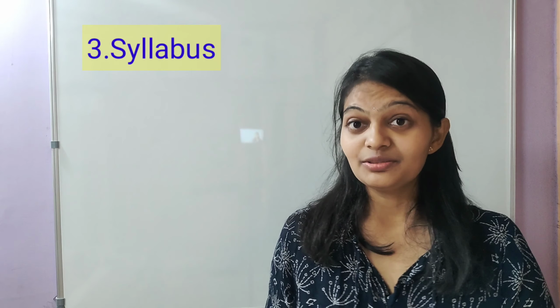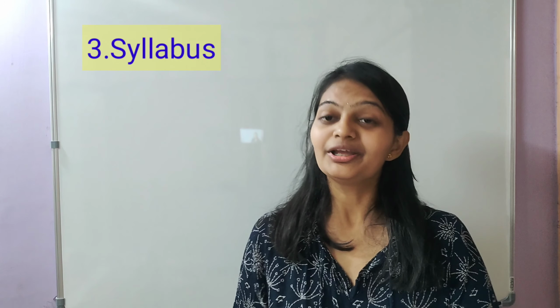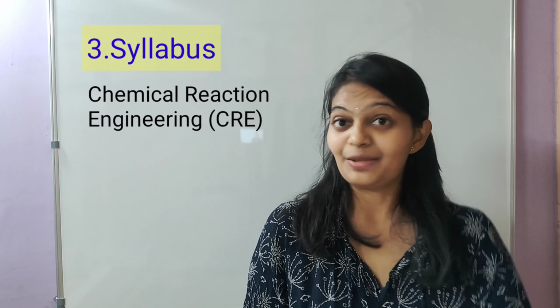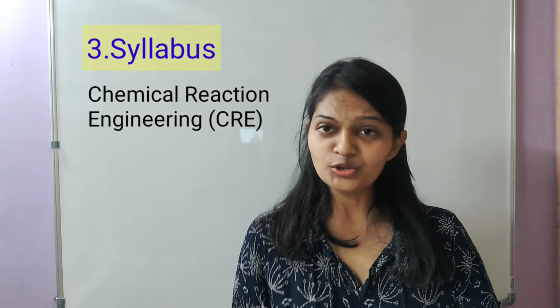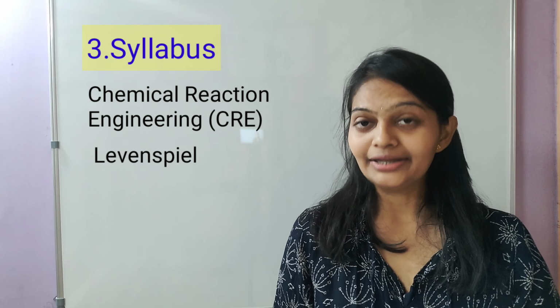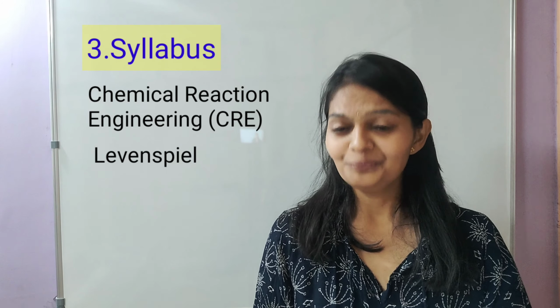Okay. Then the seventh one is chemical reaction engineering. In the papers I've practiced, I have found that the easiest book for chemical reaction engineering is Levenspiel, and most of the questions come from Part 1 of Levenspiel. The chapters are very small and easy.